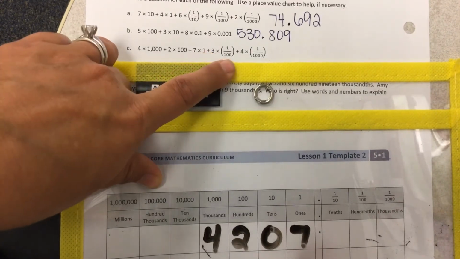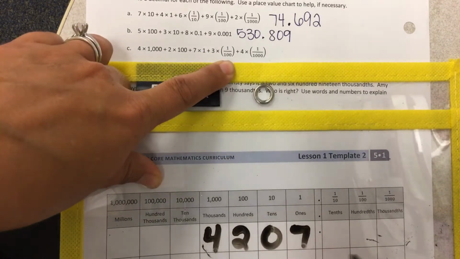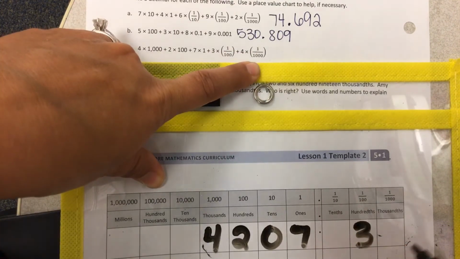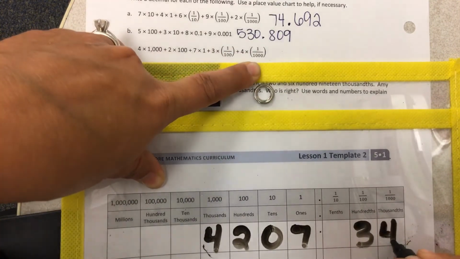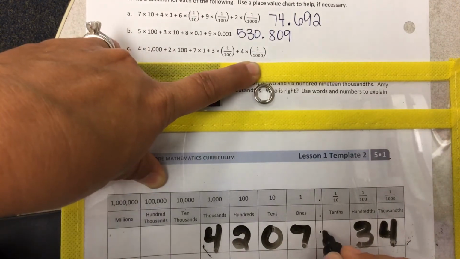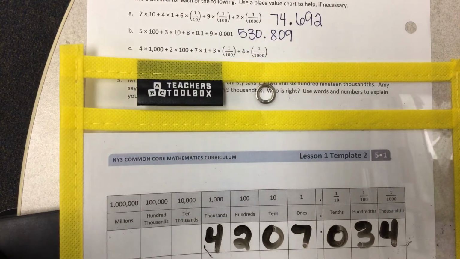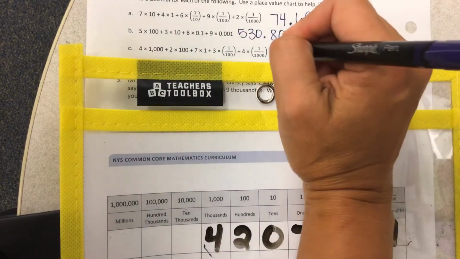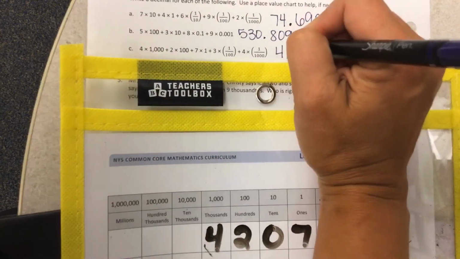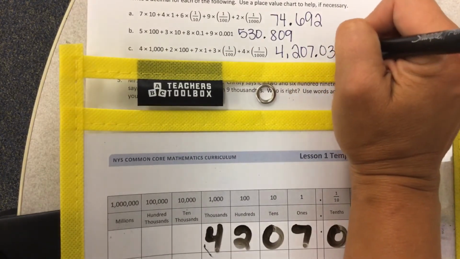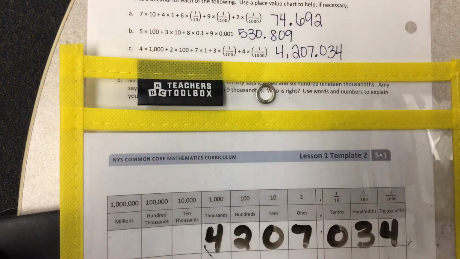I have 3 times 100th, so that's going to come right over here. 4 times 1,000th, and I'm going to put that 4 there. And if you're like, oh, make sure you put that 0 in the tens column, you are correct. We need to have that 0. So that is how you would write letter C as 4,207 and 34 thousandths. Okay.